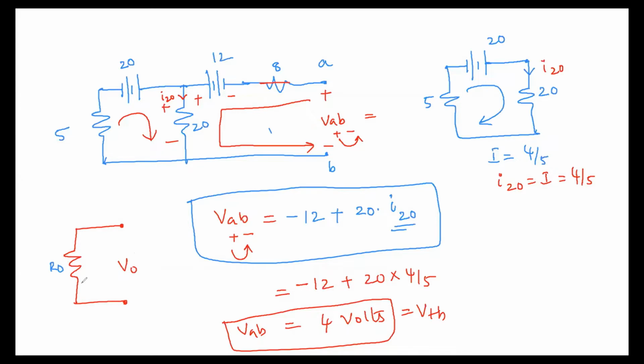Current flowing is ID. Now I asked what is the voltage V output. You have to be very careful with the direction. Minus ID RD.